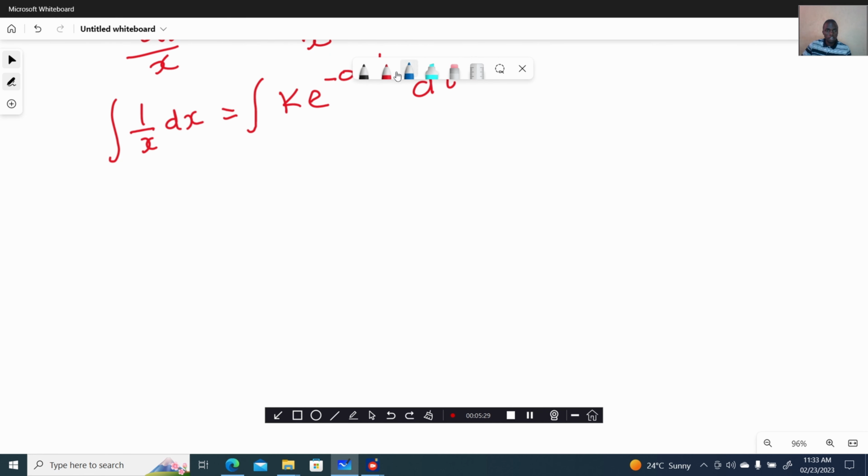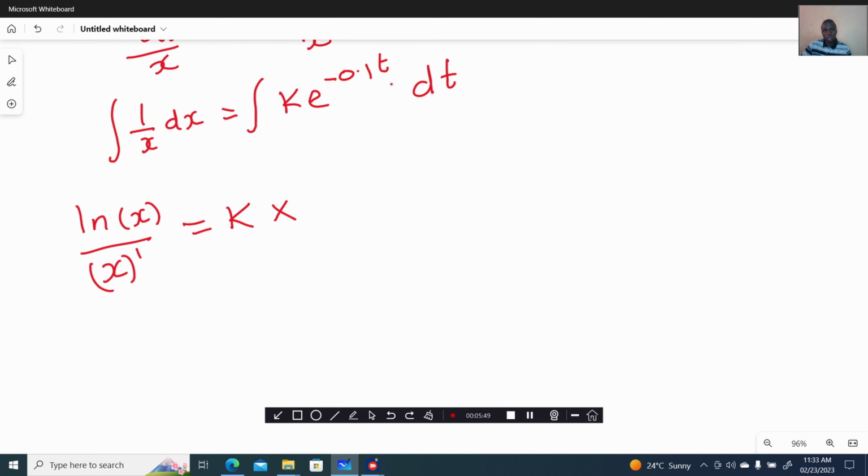So the integration of 1 over x gives us natural log of x. For this side we can take the constant, and multiply by the integration of e to the power of negative 0.1 t. We have e to the power of negative 0.1 t, divided by negative 0.1, the derivative of the power, and then plus a constant c to cater for the existence of antiderivatives.